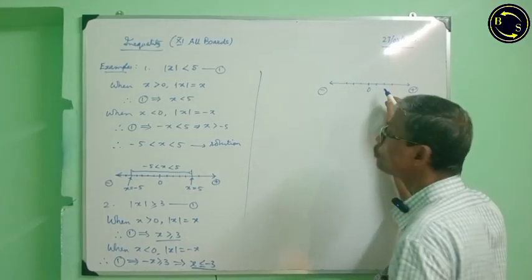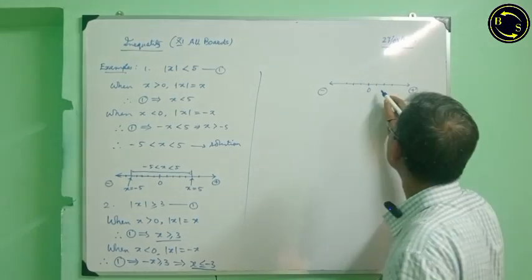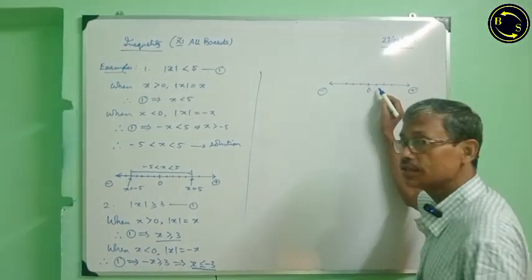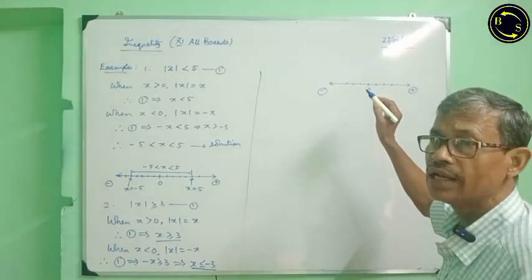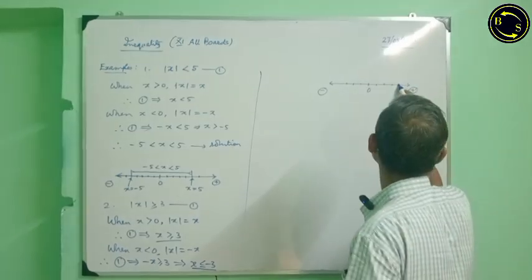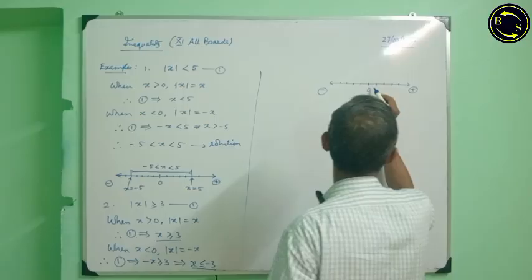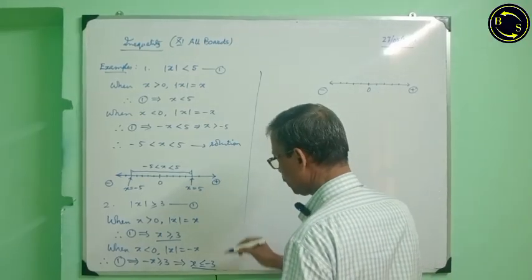These lengths should be more or less equal. That is why I suggest you use your scale for scaling. 3, minus 3.